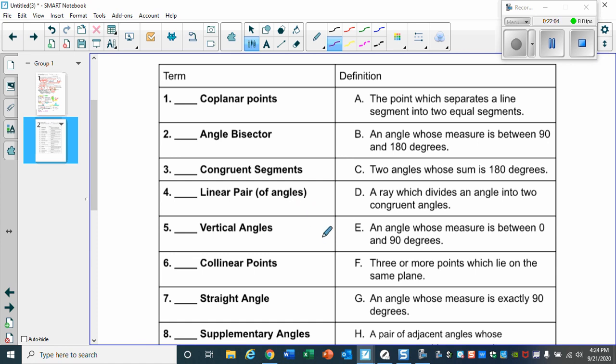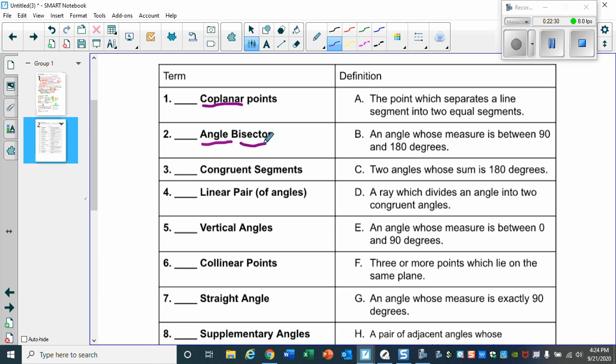Now, there are going to be some that you do need to be careful with. For instance, with number 1, coplanar. Think about co-worker. Do the workers work at a different place or the same place? So, coplanar. Same plane, or different planes? Number 2, angle bisector.